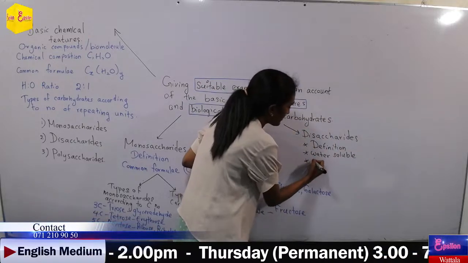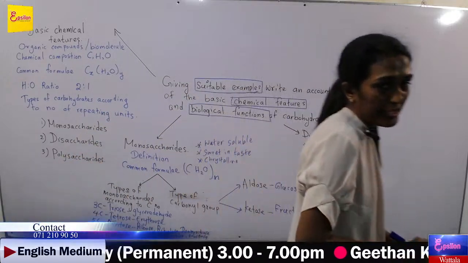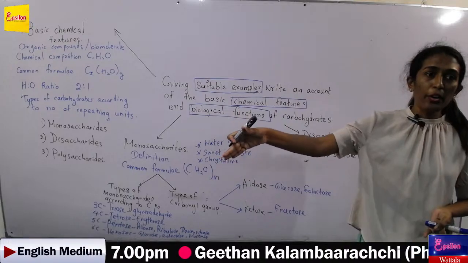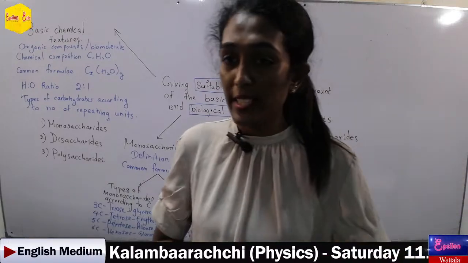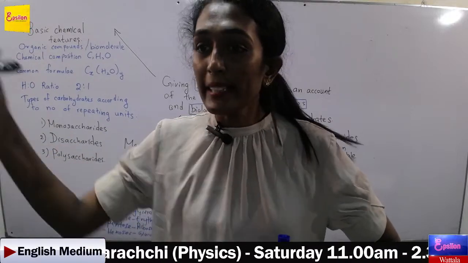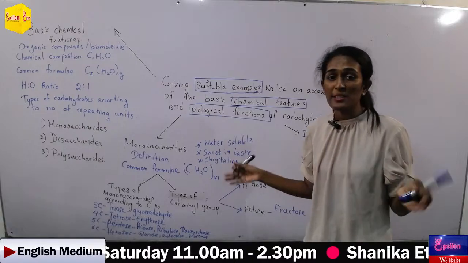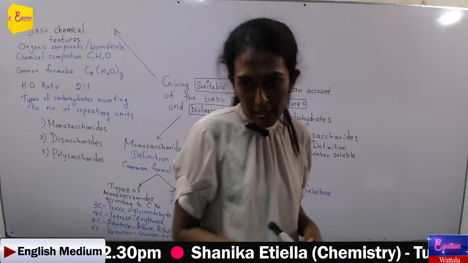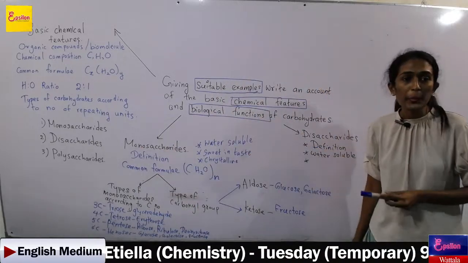And then two monosaccharides react in a condensation reaction to form a disaccharide, which is releasing one water molecule and forming a special type of bond. What is it? Glycosidic bond.